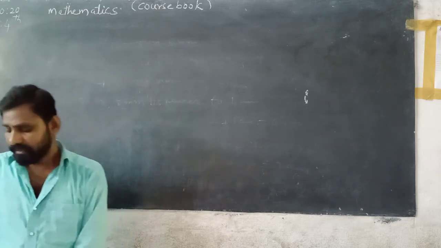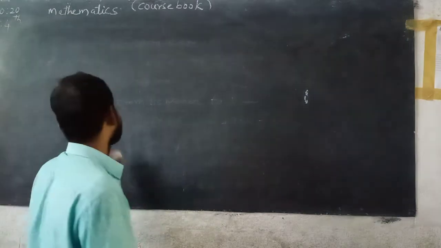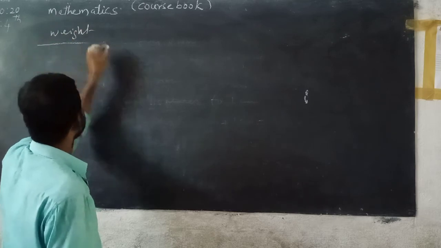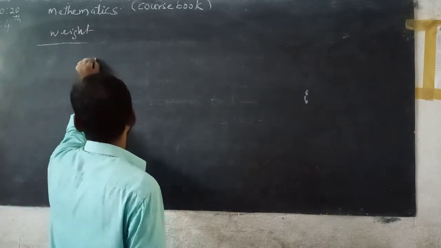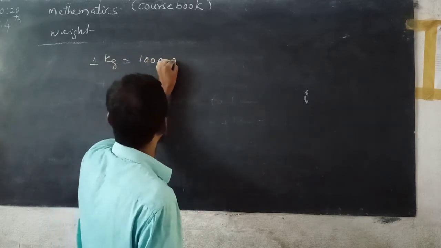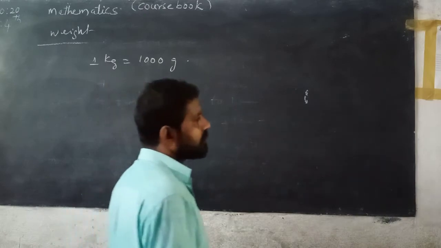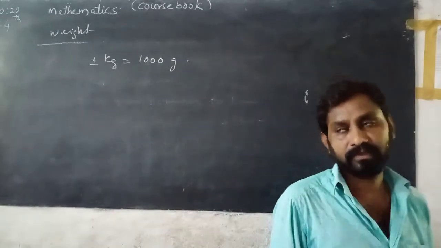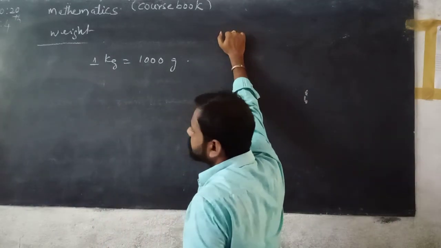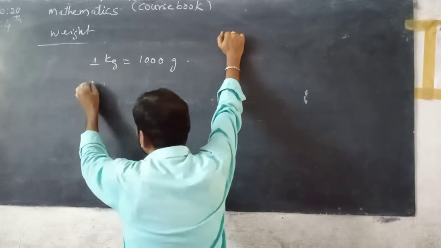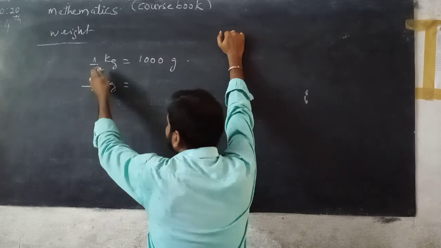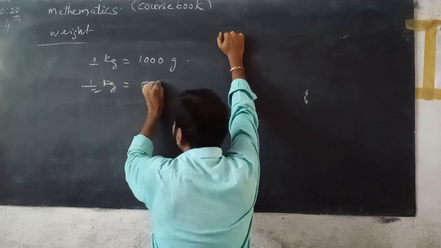See here, weight. 1 kilogram is equal to 1000 grams. So the standard unit of weight is gram. Next, half kg means half of the kilogram, so we get 500 grams.